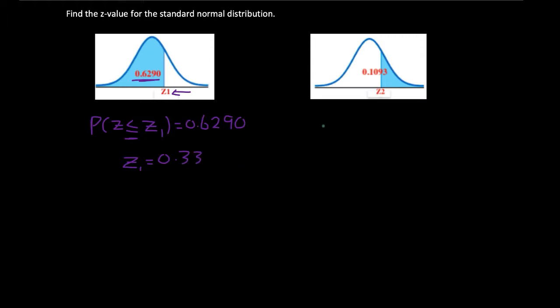And go to the second one. Here we have the area at the right side. This area is 0.1093 and we need to find z2. The probability that z is greater than or equal to z2 equals 0.1093.